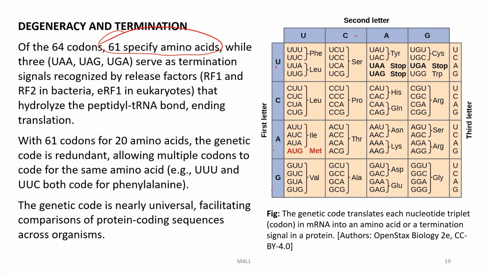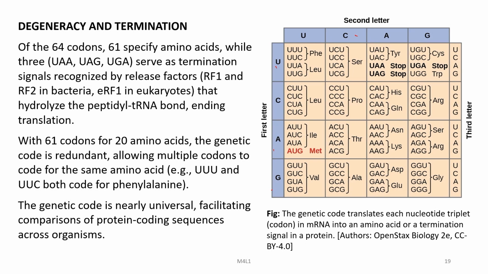This 61 corresponds to 21 amino acids. Many amino acids have more than 1 or 2 codons. This is what we call genetic redundancy, which allows multiple codons to code for the same amino acid, as we described earlier.